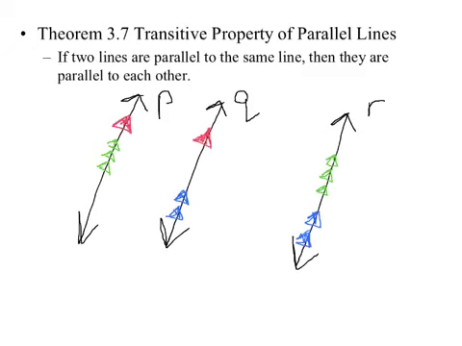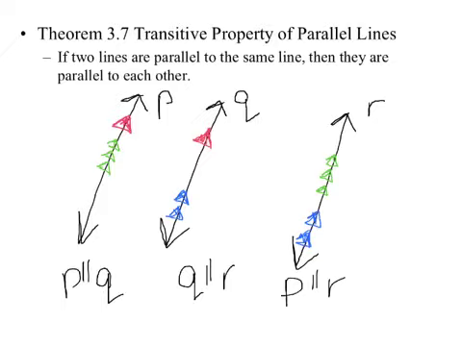So it's transitive because if P is parallel to Q and Q is parallel to R, then we can say that P is parallel to R. Transitive. If two lines are parallel to the same line, then they are parallel to each other.